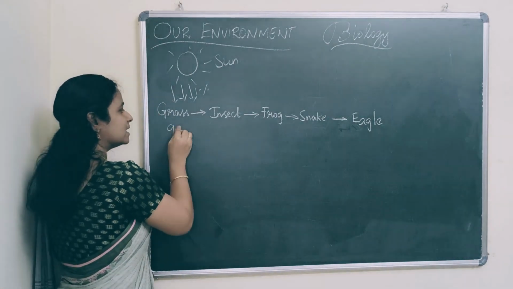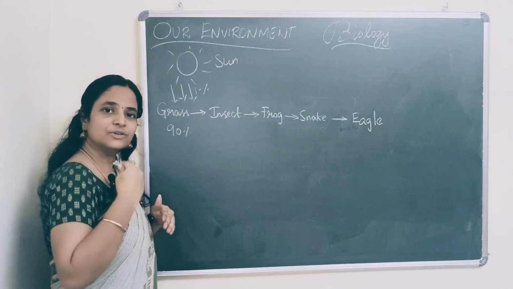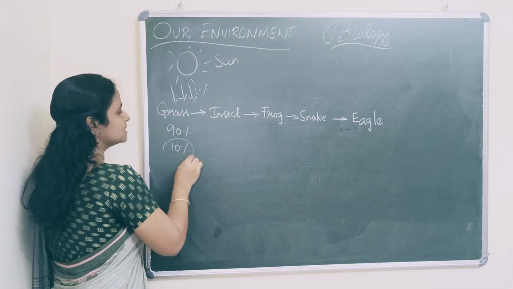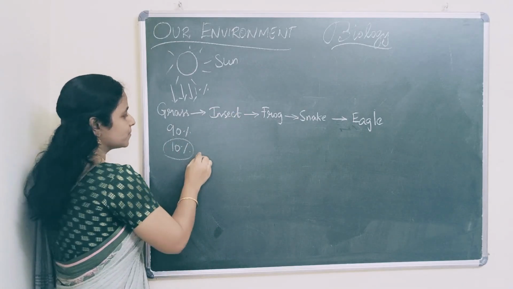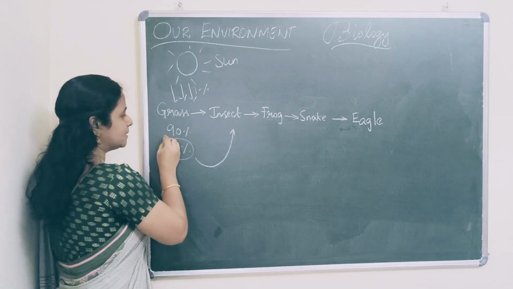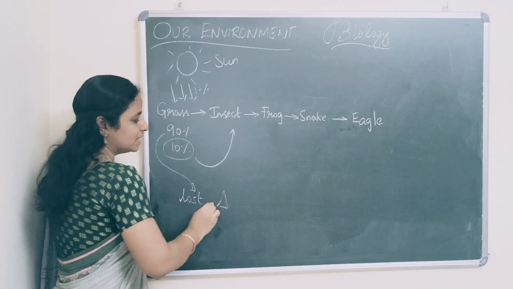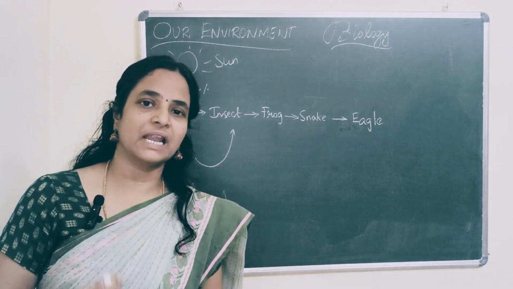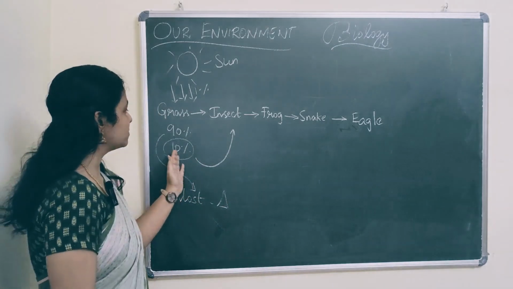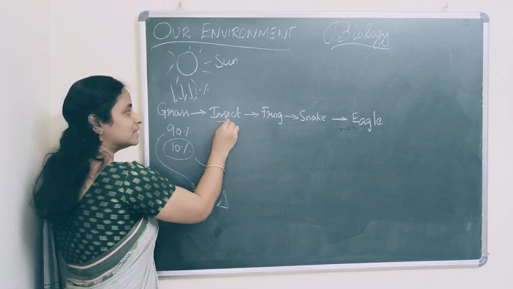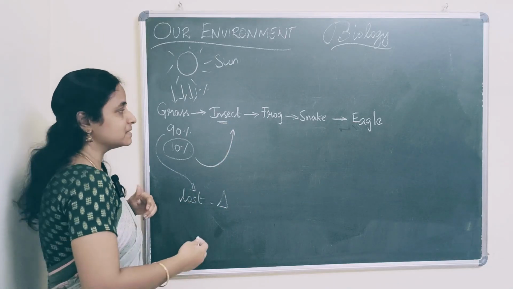It will utilize 90% of the energy and only 10% of the energy is transferred. So the remaining 90 percent of energy is lost in the form of heat or in doing all the life processes. So how much energy is transferred? 10 percent.